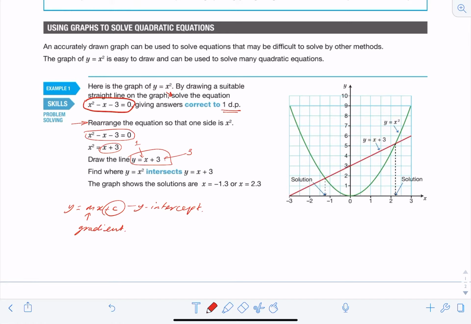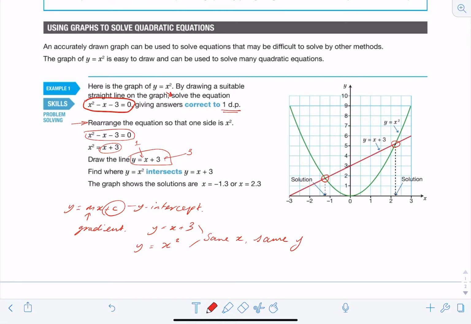So we've got y equals x plus 3, and we've got y equals x squared. We've drawn those two things, and where those two lines meet is your solution to your equation, where y equals x plus 3 and y equals x squared are the same. Same x, same y.